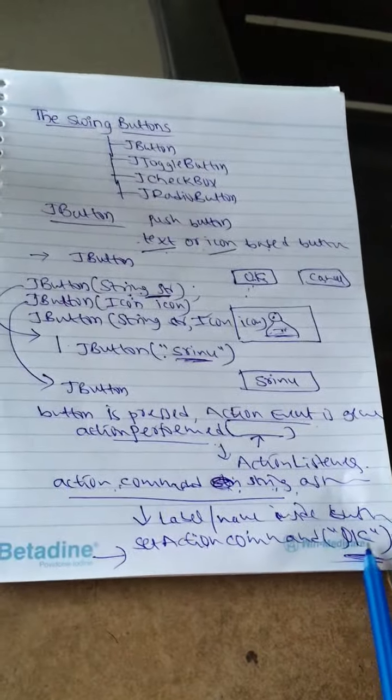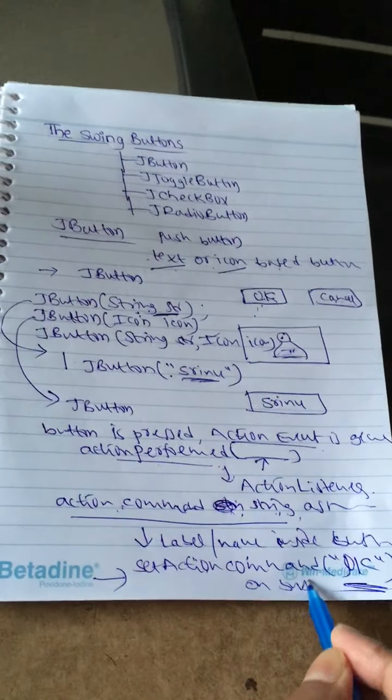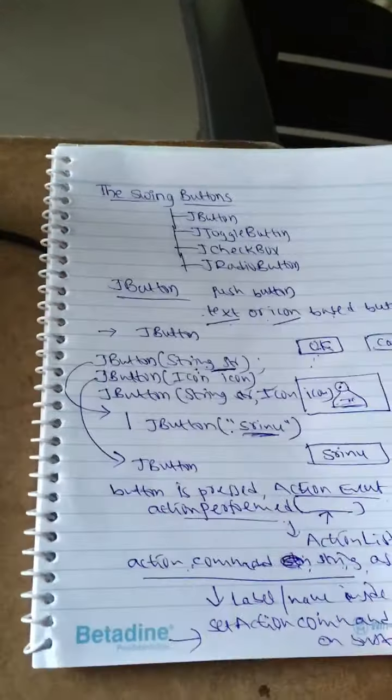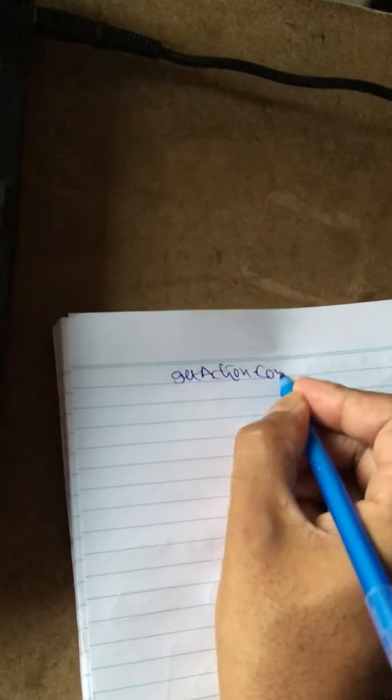We set it by calling the setActionCommand method on the button object. We can also obtain the action command string by using the getActionCommand method.